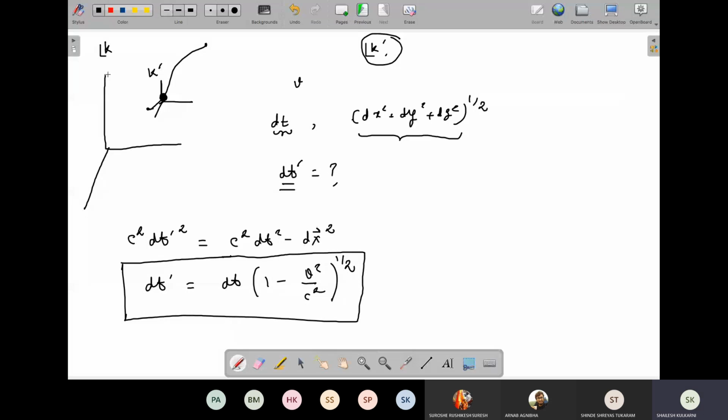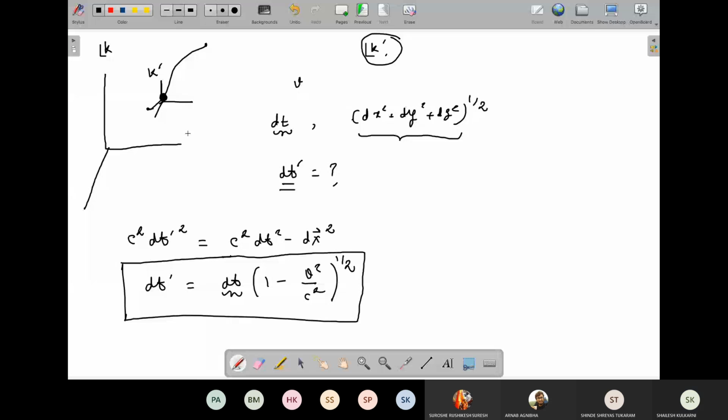Then the time interval observed by one frame, dt prime, is equal to dt multiplied by this factor. This is the time interval as per the observer at rest, and dt prime is the time interval as per the observer moving instantaneously with velocity v relative to frame K.